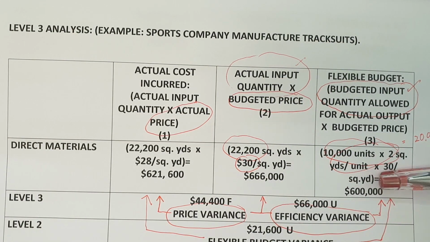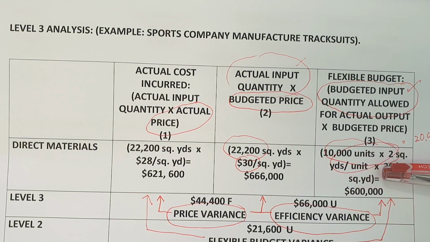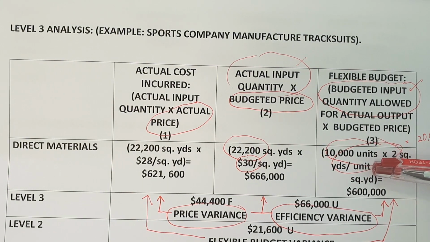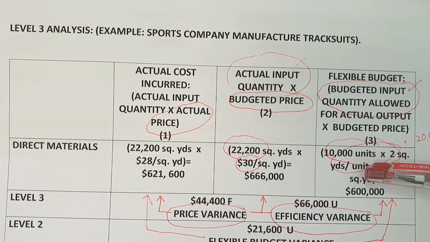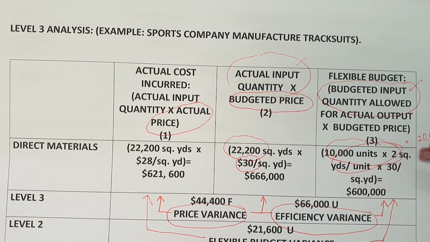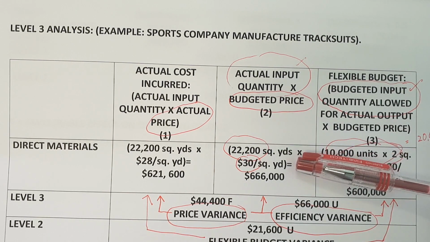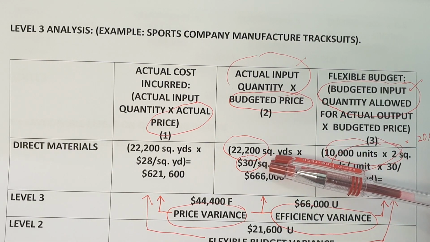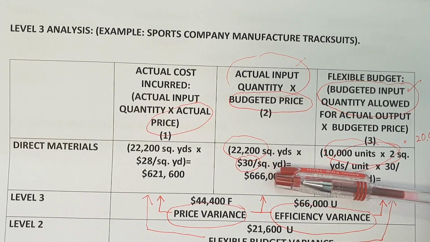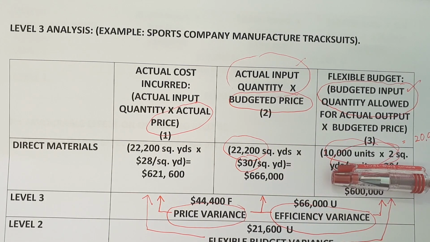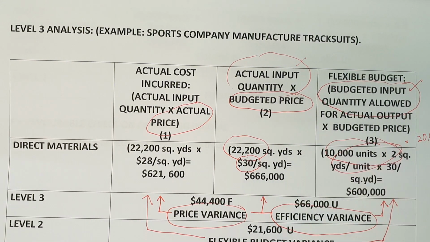As we can see here, the budgeted input quantity allowed for actual output is 20,000, but the actual input quantity is 22,200. We should think further about why it happened to be like this.